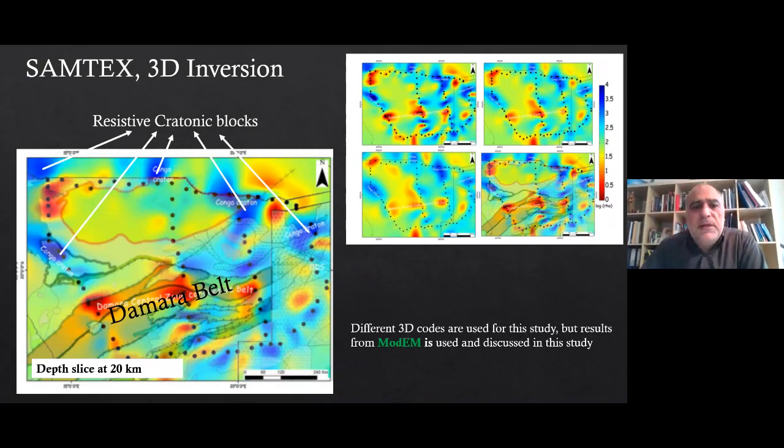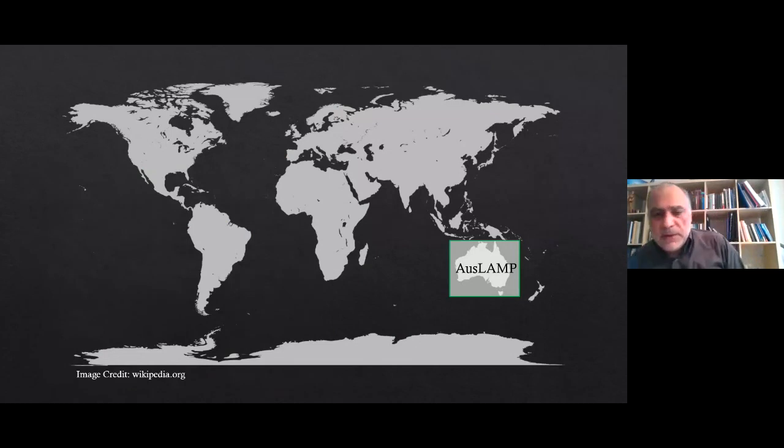And the main observation here, again, if we look at a map view at a depth of around 20 kilometers, you can see that the model shows some conductive anomalies located in the Damara belt, and all of these resistive blocks are related to the lithospheric cratons that are distributed in the study area. Yeah, these are all from David Khoza back in 2013.